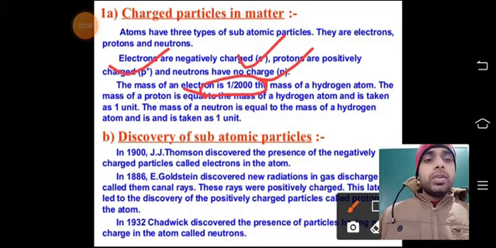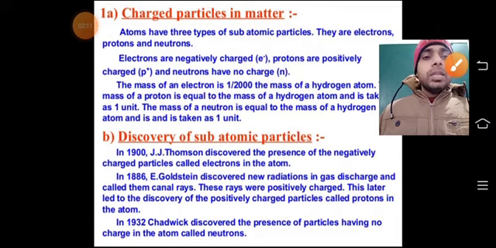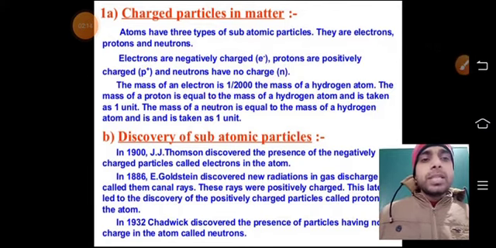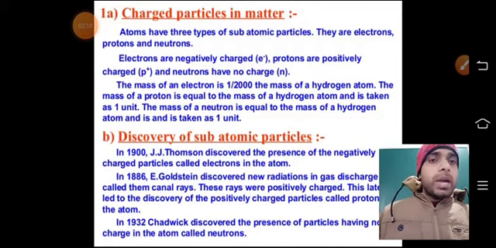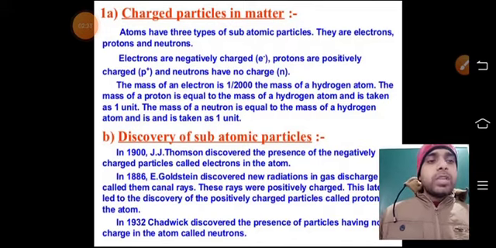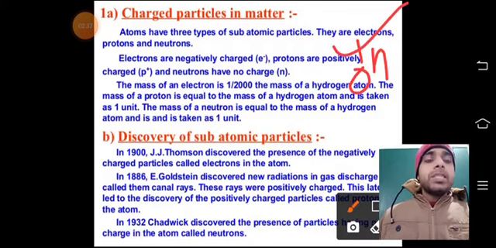The mass of a proton is equal to the mass of a hydrogen atom, and is taken as 1 unit every time. The mass of a neutron is also equal to the mass of a hydrogen atom and is taken as 1 unit. That means the mass is every time 1 unit.